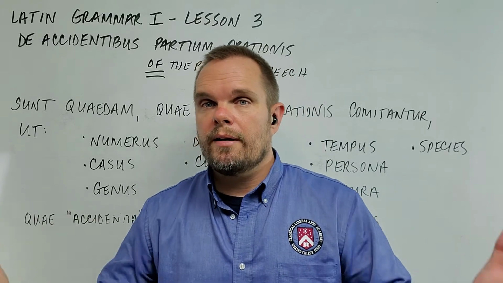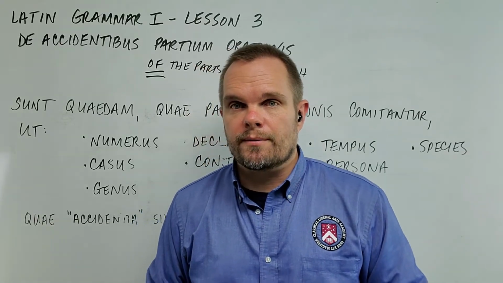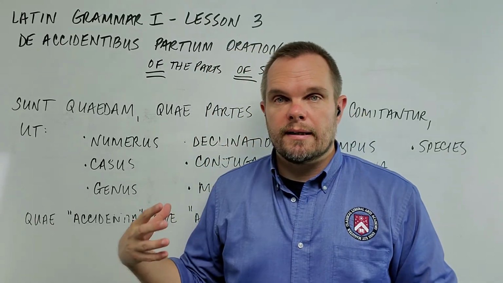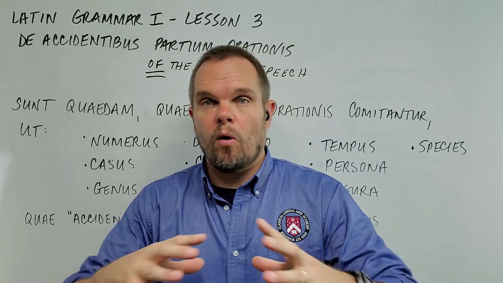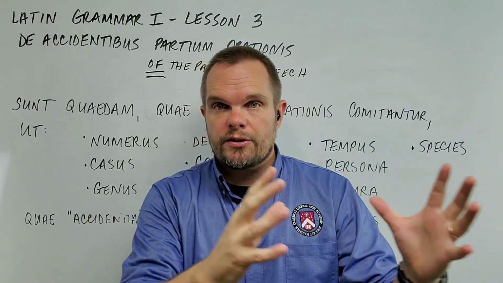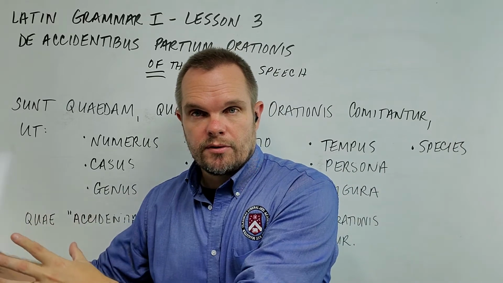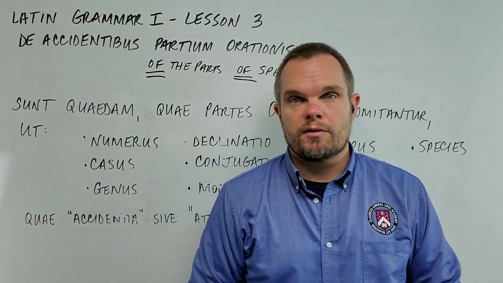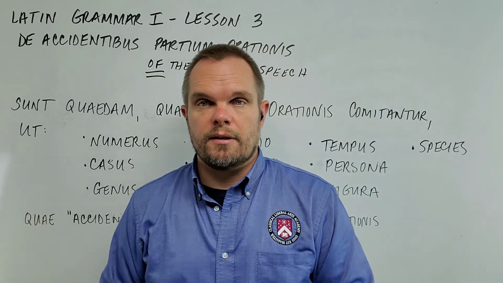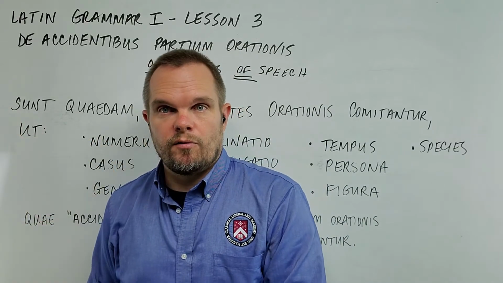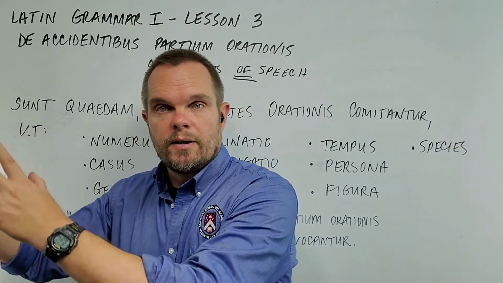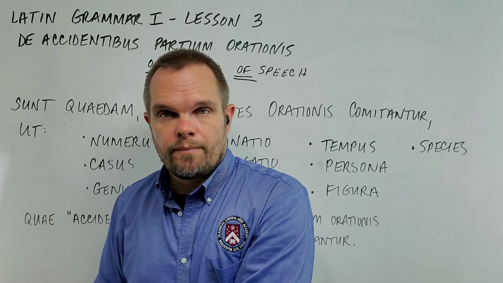Now, why do we need to know that? Because we're going to memorize all of the forms for each of the five declensions. So we'll know all the first declension forms, all the second declension forms, all the third declension forms, all the fourth declension, and all the fifth declension forms.